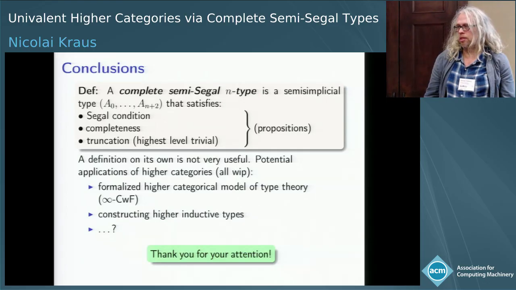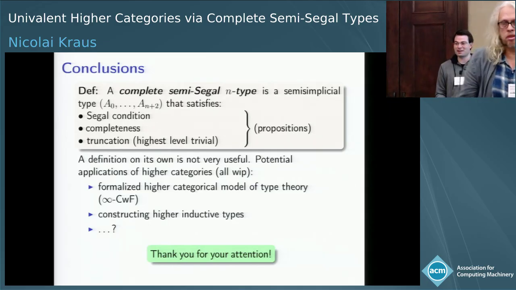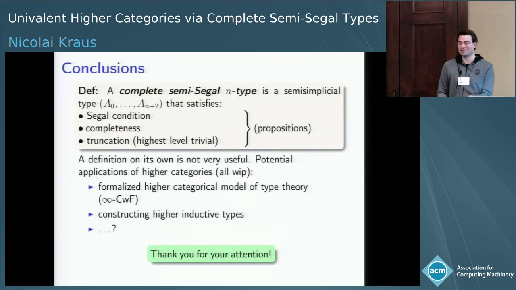It's not data, but it's a law. And this law doesn't need any additional coherences. It's like the difference between ordinary categories and bicategories is that the associator for bicategories is a datum, and it needs to be coherent to be well behaved.